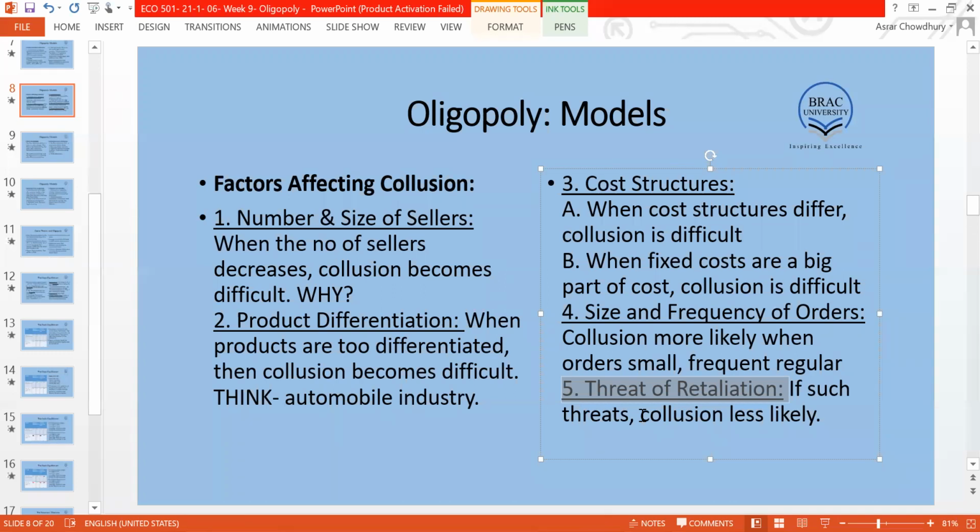When orders are big, if I'm giving the big order, I can make a threat to the other person with whom I'm colluding over time. If the orders are small, then my threat is not going to influence the total transaction. Does that make sense now?